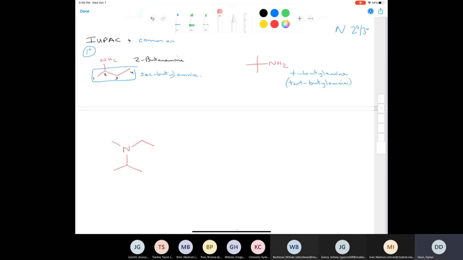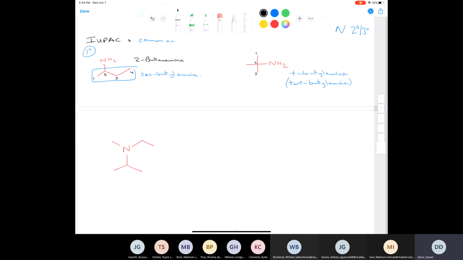And if we want to give it an IUPAC name, the first thing we're going to do is find the longest carbon chain. The longest carbon chain in this molecule has 1, 2, 3 carbons in it. We have our methyl group on carbon 2, and then we have our amine on carbon 2 of a 3-carbon chain.